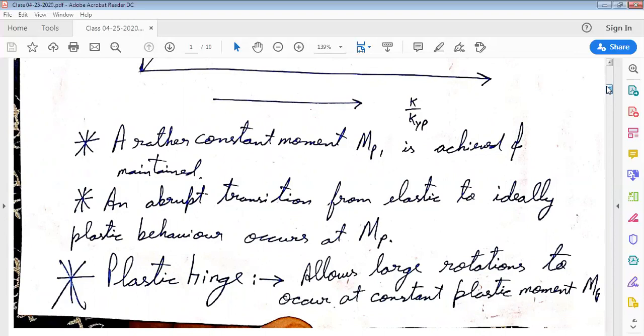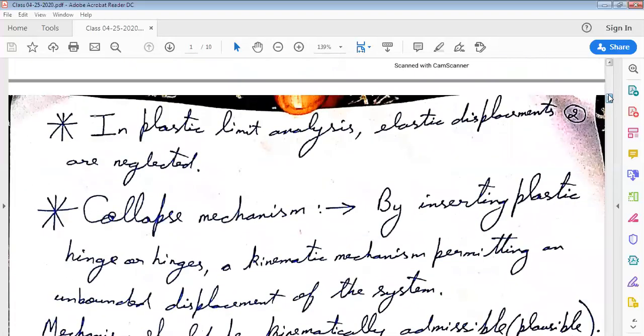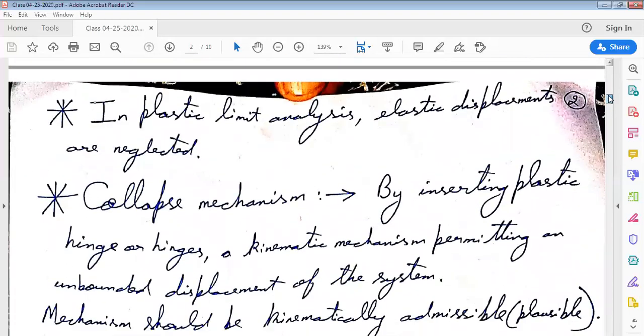So this is a special type of hinge where large rotations are possible at constant plastic moment. Of course, in plastic limit analysis, elastic displacements are neglected because plastic displacements are much larger than the elastic displacements.